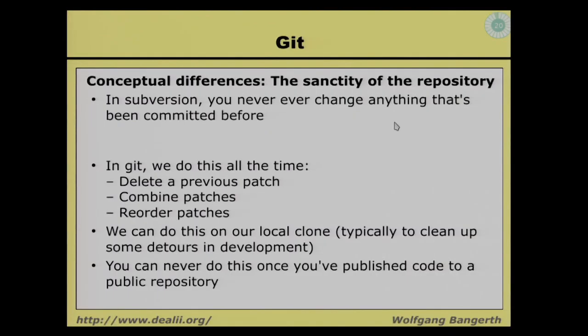I want to discuss one additional concept that's very different between Git and Subversion. So in Subversion, like I told you in the last lecture when we talked about undoing things, in Subversion you never ever change a repository.